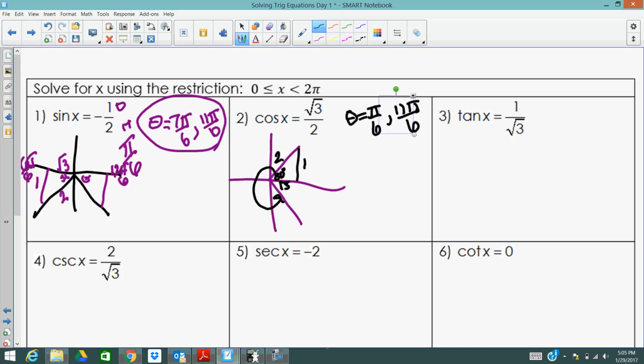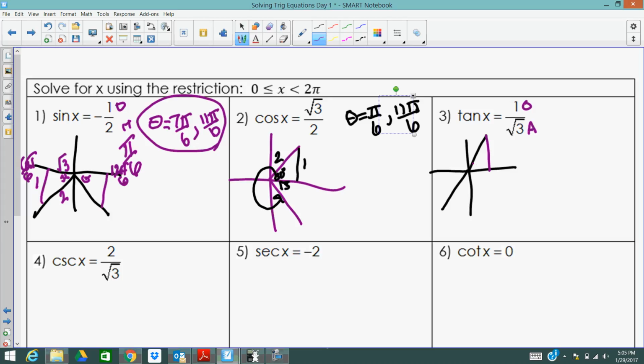Example 3, we have tangent of x is 1 over square root of 3. So let's draw our axes. And tangent's positive in quadrants 1 and 3. All students take calculus, so quadrants 1 and 3. So let's draw in our triangle. Tangent is opposite over adjacent.